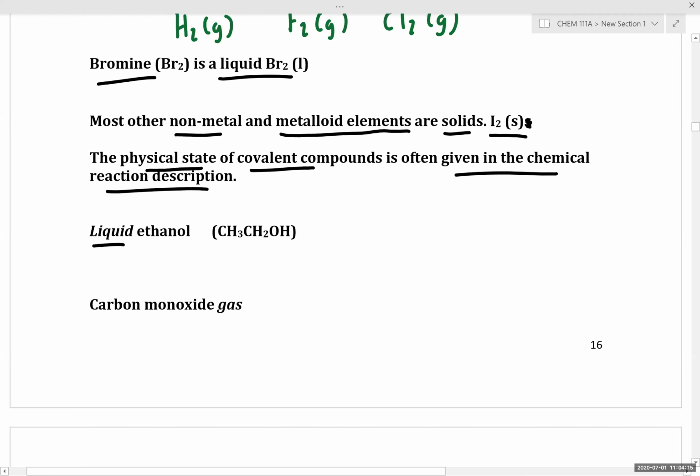For example, we'd say liquid ethanol. So then, what state symbol do I put behind ethanol? If it's liquid ethanol, what state symbol do I put?